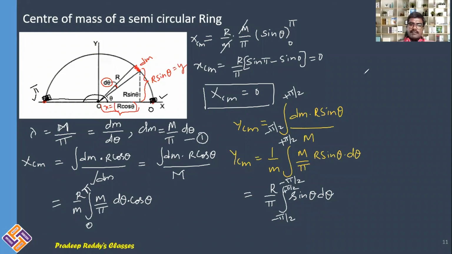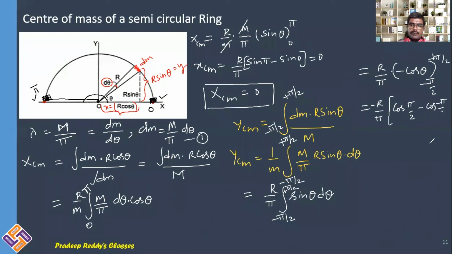Now evaluating this, you can write it as r divided by pi into, the integration of sin theta is minus cos theta. Limits are from minus pi by 2 to plus pi by 2. This is equal to r by pi, minus, you can write it out, cos of pi by 2 minus cos of minus pi by 2.